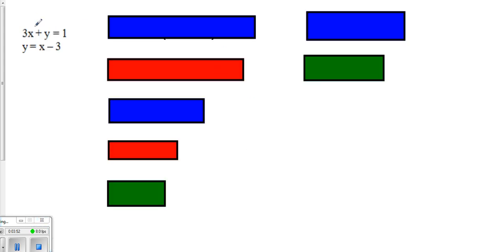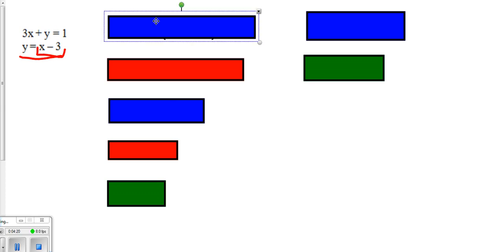So let's use a new system then. 3x plus y equals 1, and y equals x minus 3. Now we lucked out on this example. We've already got one of our variables, y, all by itself. So we've already set it equal to something on its own. So we can just simply plug in that value of y, or this piece, in for y up here.